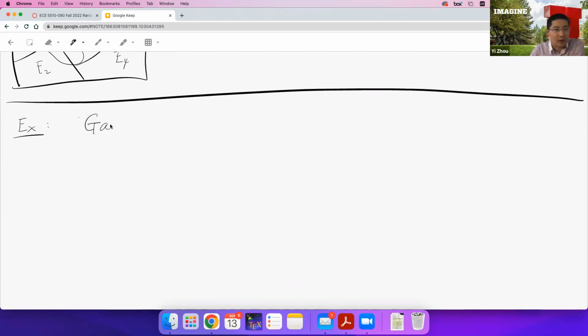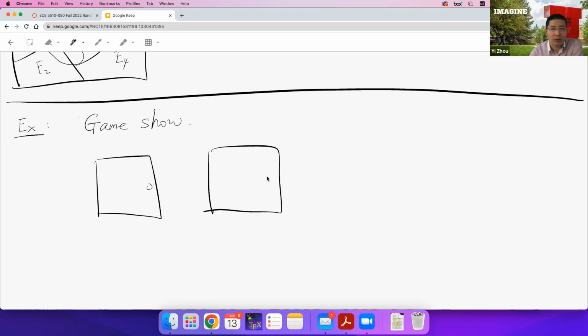Suppose we are on a game show. Well, you are given the choice of 3 doors. So there are 3 doors. And we call them A, B, C. Okay, there are 3 doors.